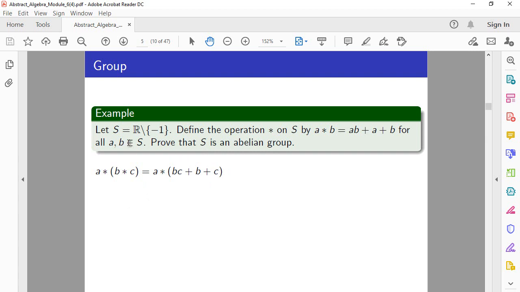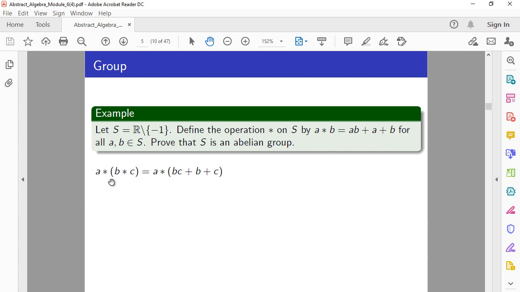Let A, B, C be arbitrary in S, and let's look at A star (B star C). By definition, B star C is the second element and A is the first element, so it is going to be A multiplied with the second element, plus the first element, plus the second element.